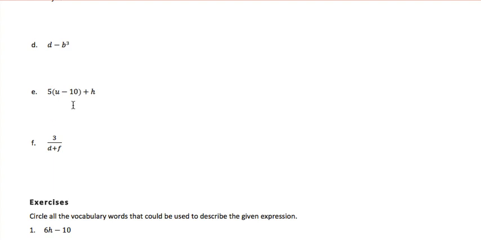We could say add h to the product of 5 and the difference of u and 10. 5 times the quantity of u minus 10 added to h. And then in f, we could have the quotient of 3 and the sum of d and f, or 3 divided by the quantity d plus f.